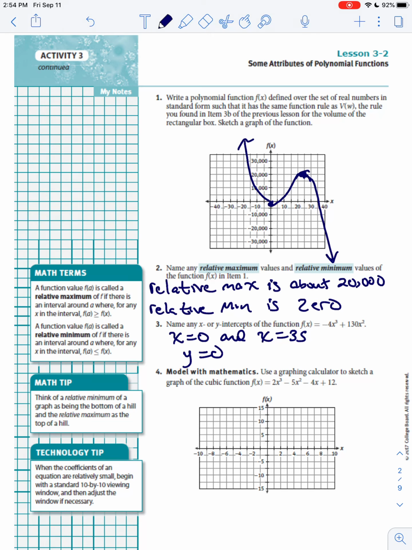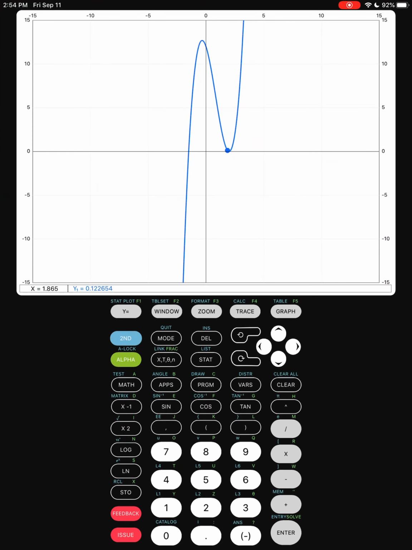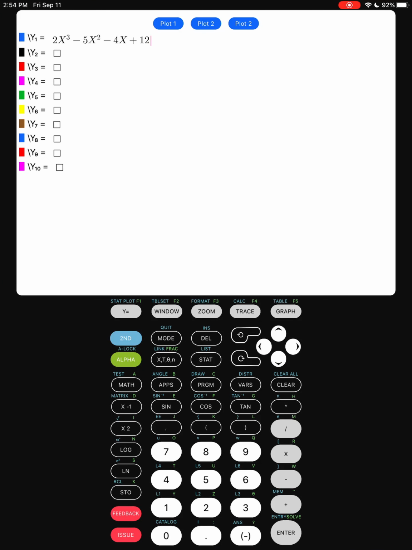Next, they want us to use a graphing calculator to sketch the graph of this cubic function, and I'm going to do that for you. I'm going to switch over to my graphing calculator and we'll plug in this function. If I go to y equals, on your graphing calculator, I put this in ahead of time so we could see it.